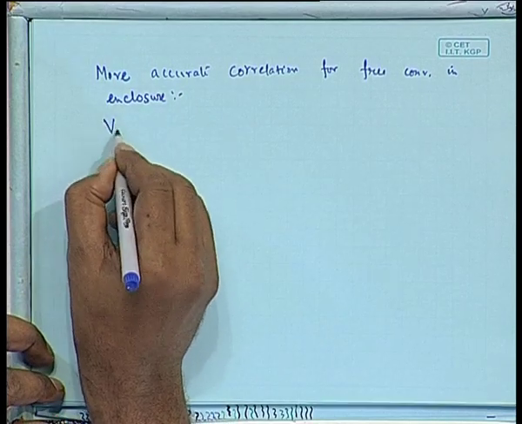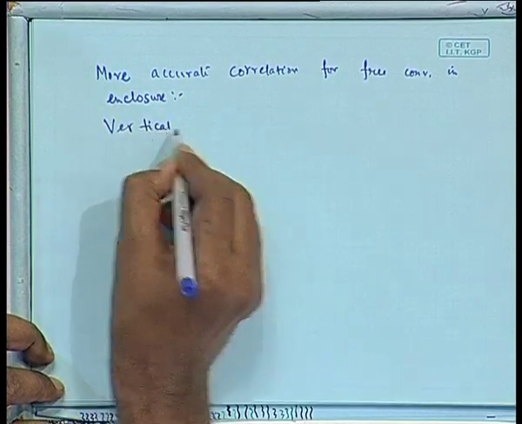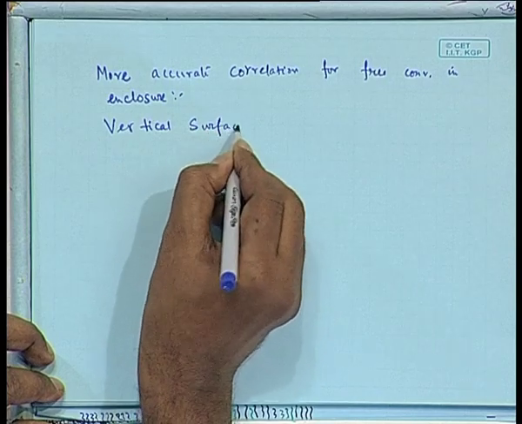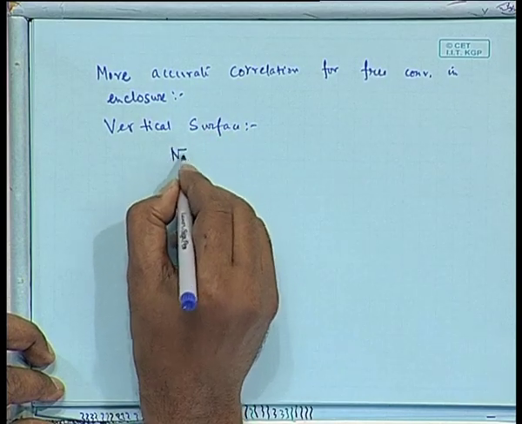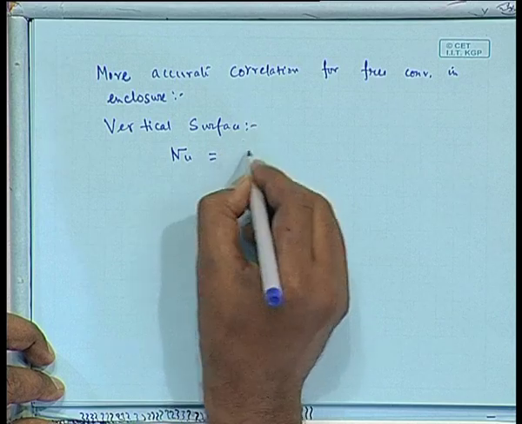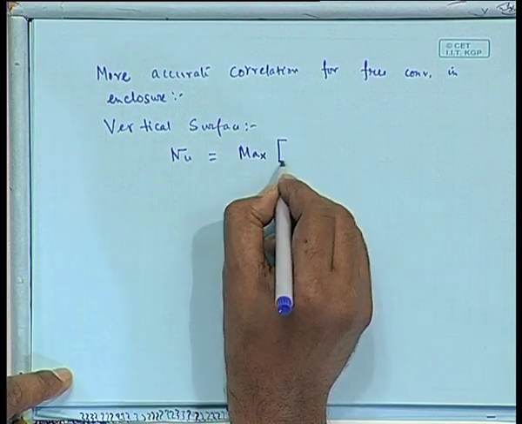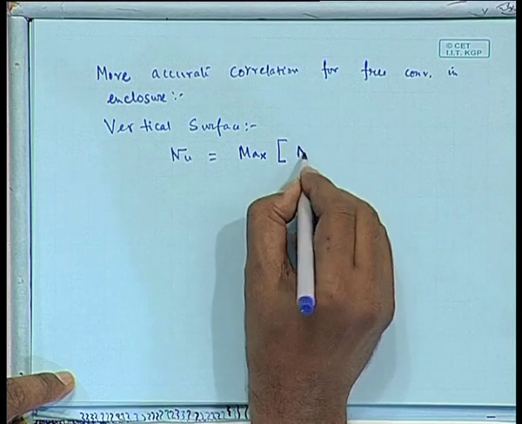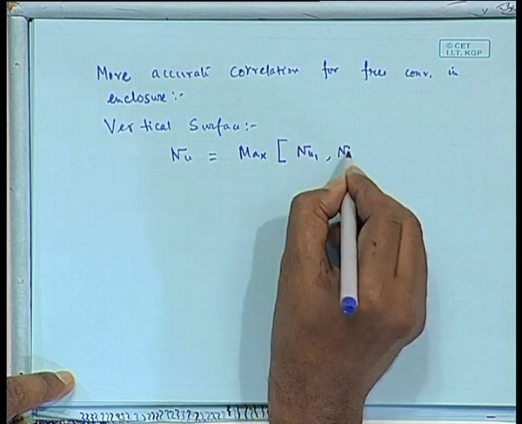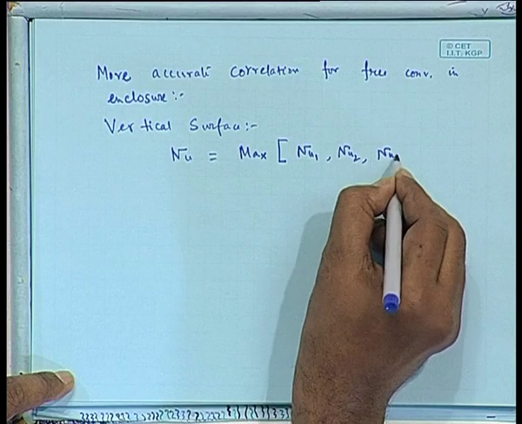They are like this. For vertical layers or vertical surface, you have to calculate Nusselt number based on 3 Nusselt numbers, and you have to select the maximum of the 3: NU1, NU2, NU3.